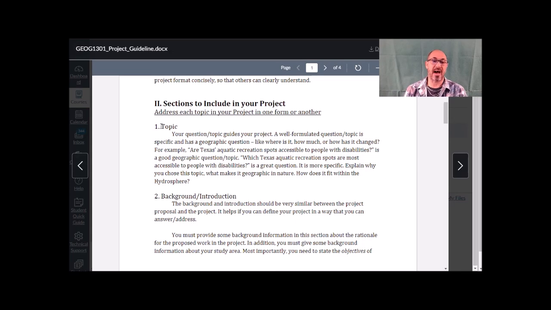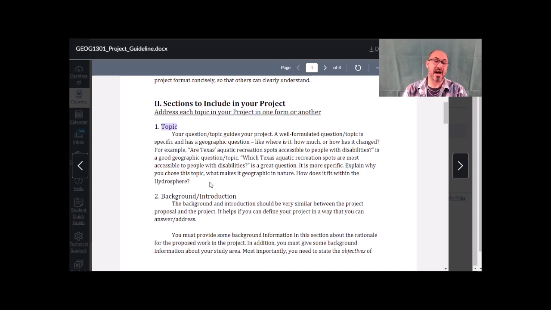Right? Your topic is a question that is going to guide this project. It's a well-formulated question or topic that is specific. It has a geographic area. It's a question like, where is something? How much of something? Or how has something changed in an area over time that relates to the hydrosphere? Okay?